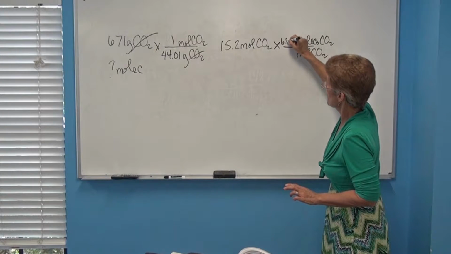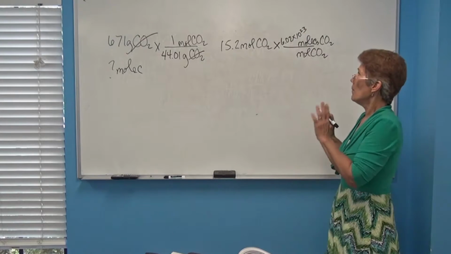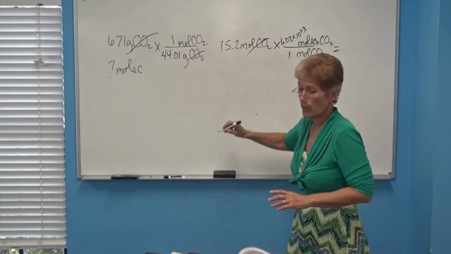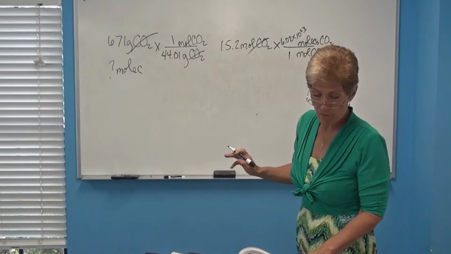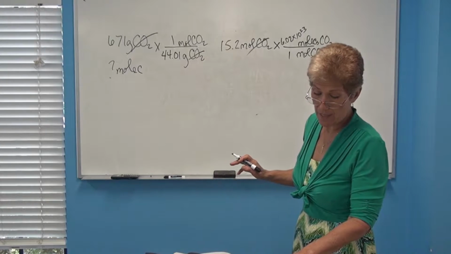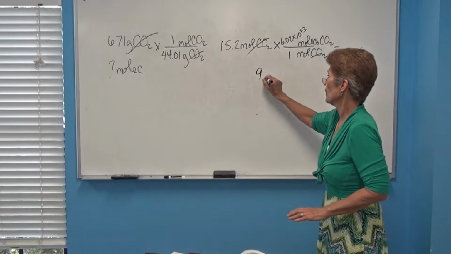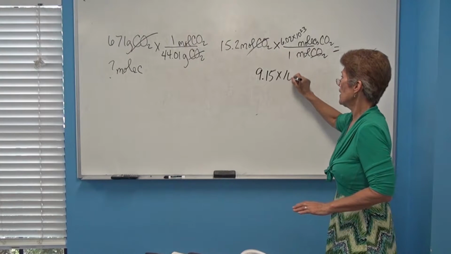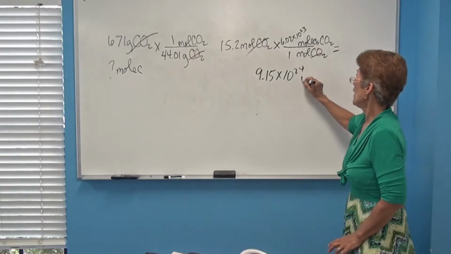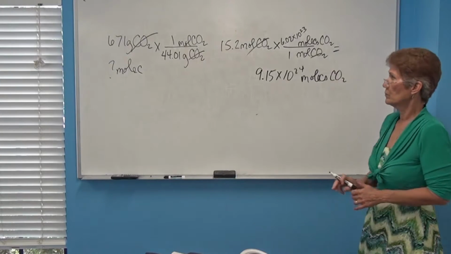There are 6.023 times 10 to the 23rd molecules in every 1 mole. So now that'll cancel. And we have 3 significant figures both places. And so that's going to end up giving us 9.15 times 10 to the 24th molecules of CO2.